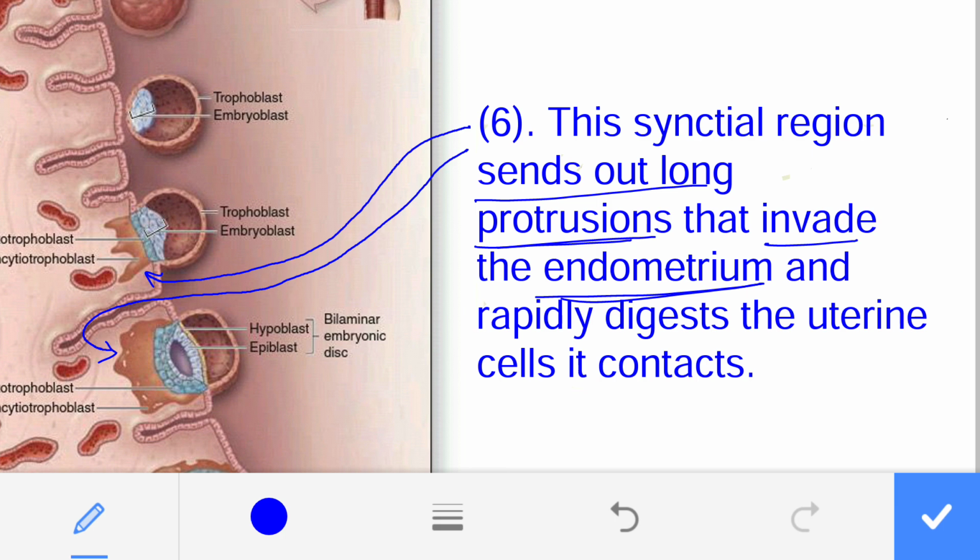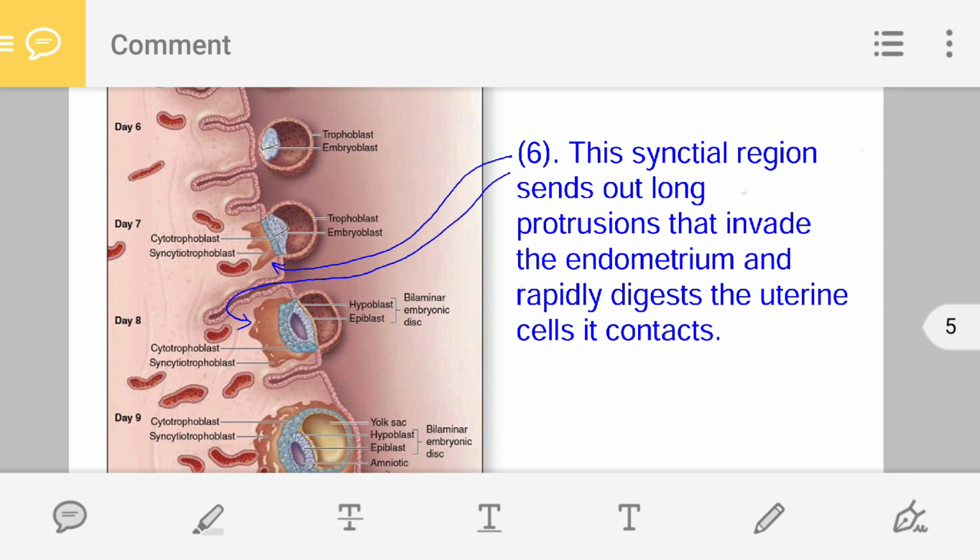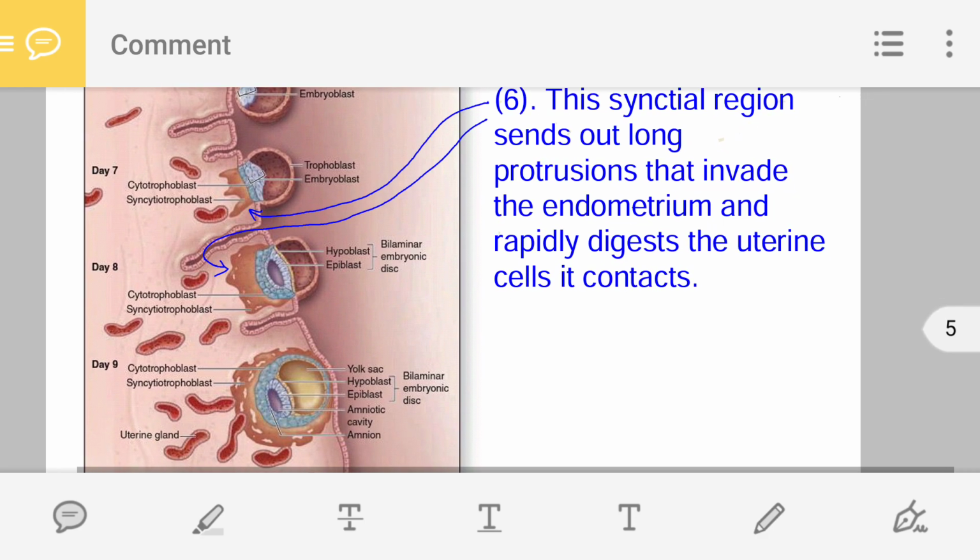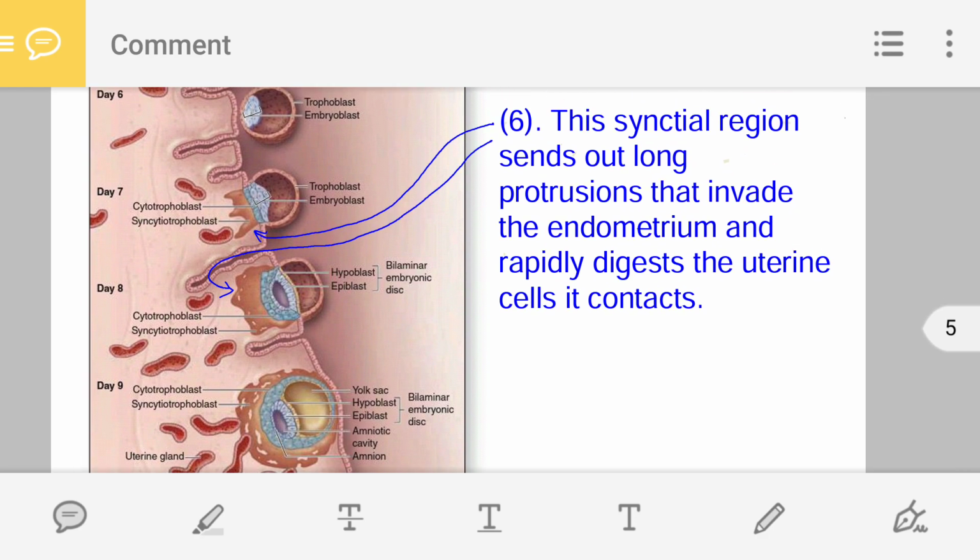By doing so they are performing two functions. One, they are getting nourishment, and second, they are making the way for the incoming blastocyst to implant inside the endometrium. So this is the sixth point.